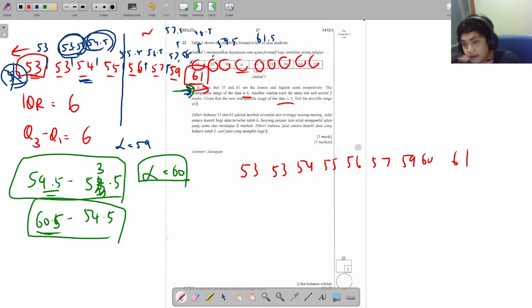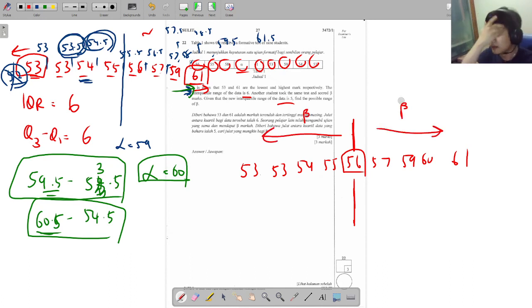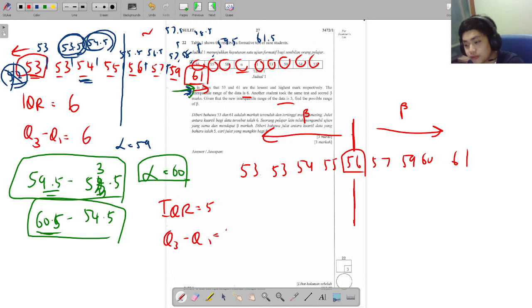Now that I have a median here, if this is the middle, beta needs to be either here or here. There's only two ways to put it. Because if you follow the IQR again, now the interquartile range is 5, meaning Q3 minus Q1 must equal 5. So in this case, beta can either be on the left or the right, because there's a range of values here.